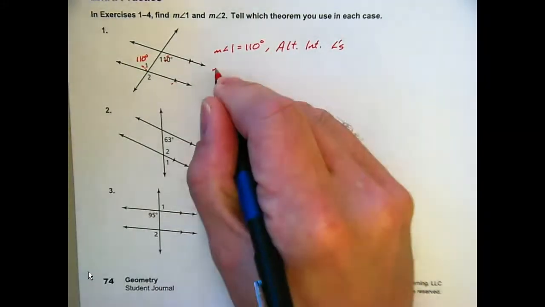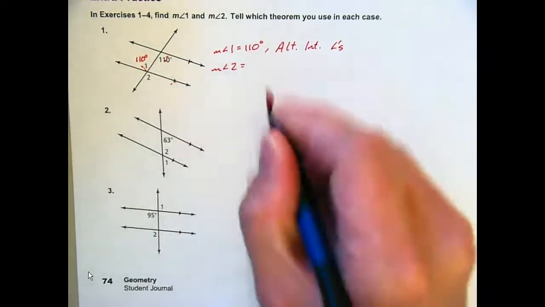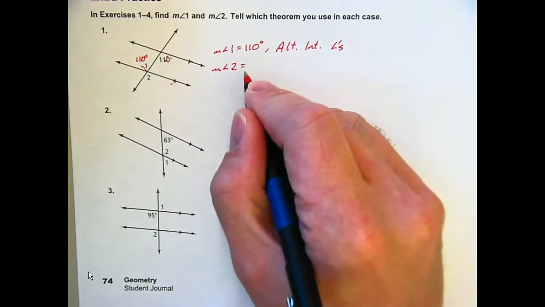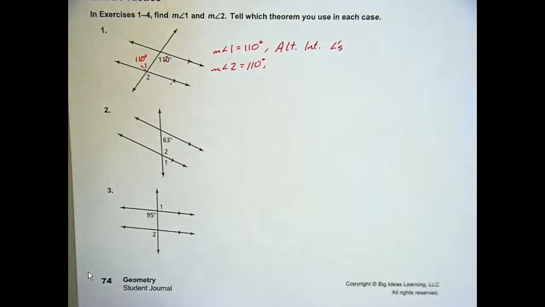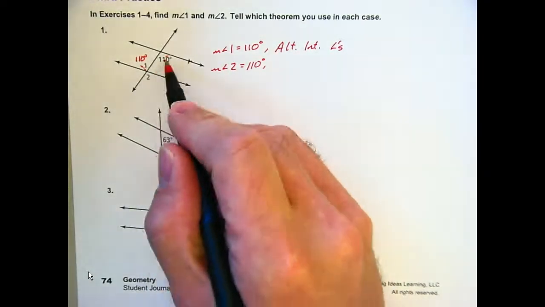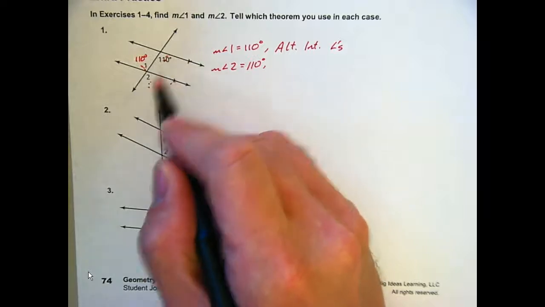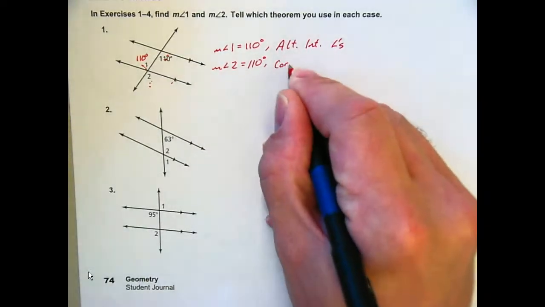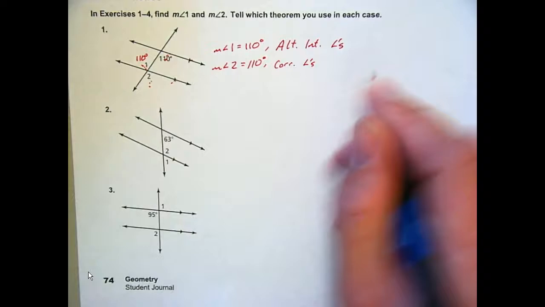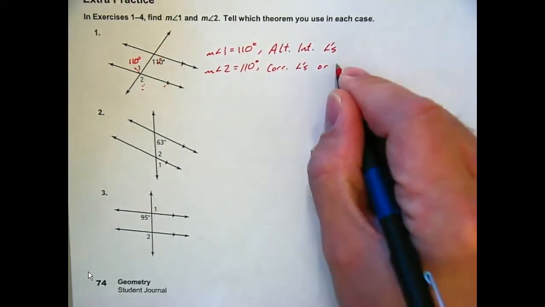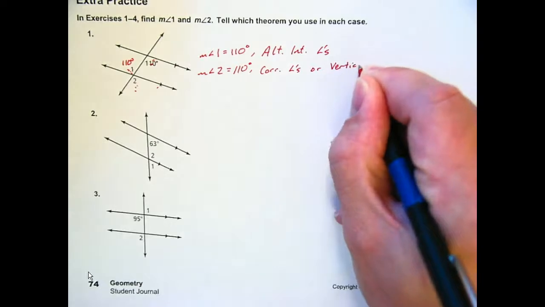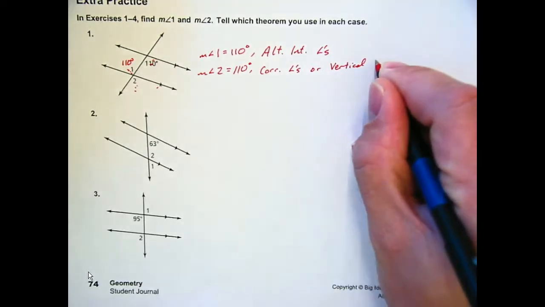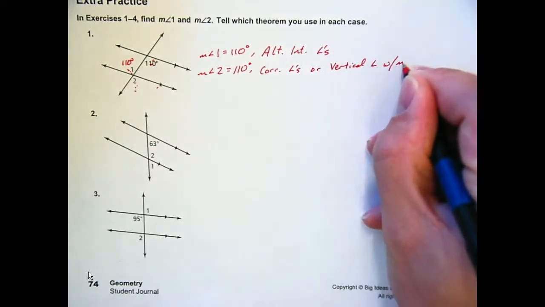Okay, measure of angle 2 is 110. How come? Okay, you go 2 different ways. You could say corresponding angles. Or you could say vertical with measure of angle 1.